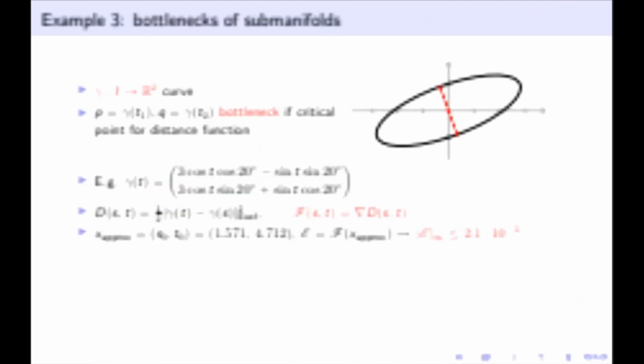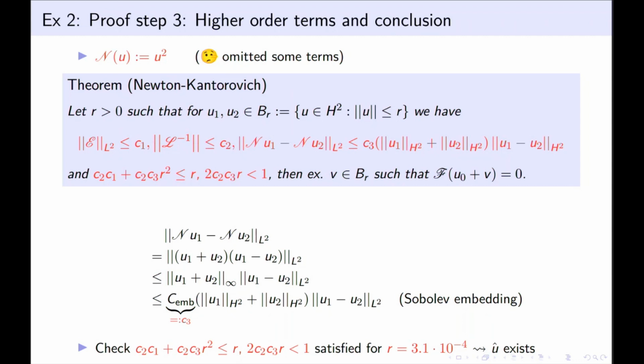If I flash the theorem here for you, I think the answer is yes, that V is in this ball of a very small radius. So you know that your genuine solution, which is U0 plus V, is at most V away from your approximate solution U0. This is the result of the whole Newton iteration. This is not just one step.